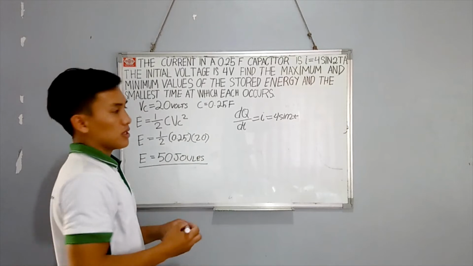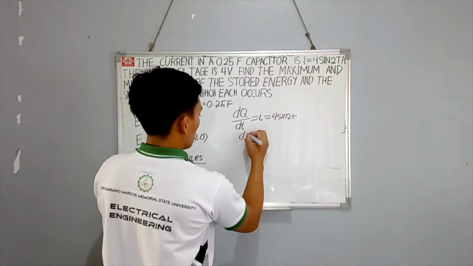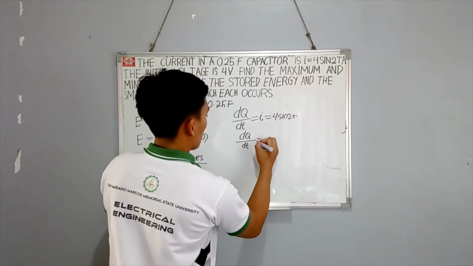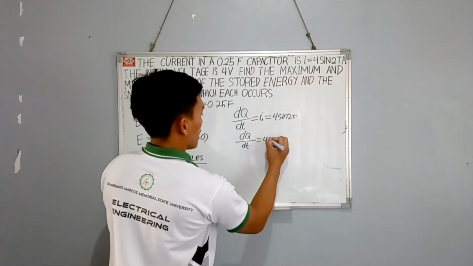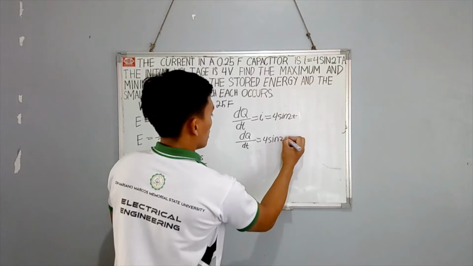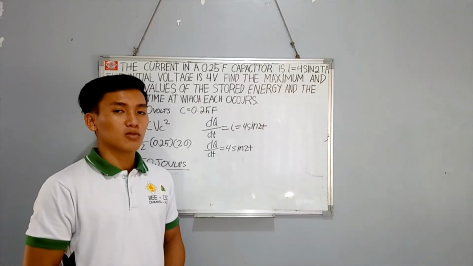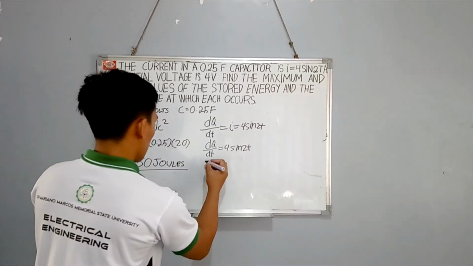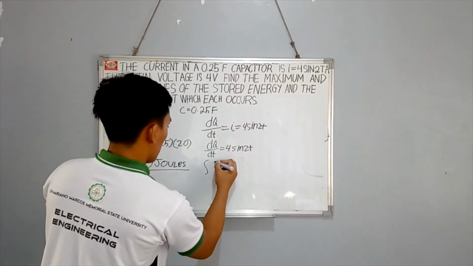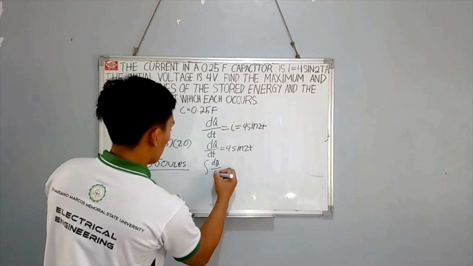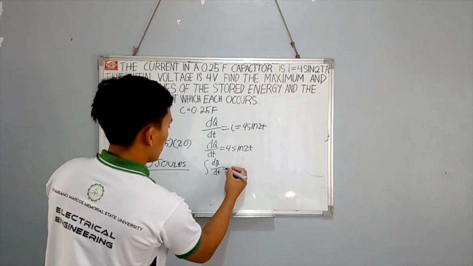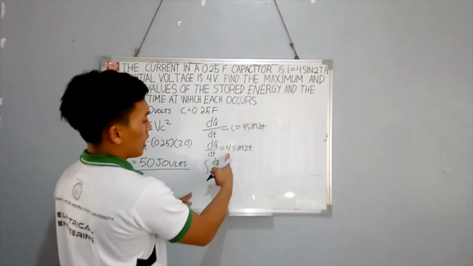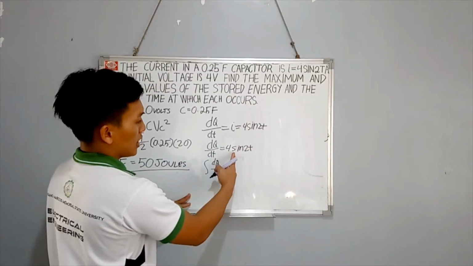So we will write dq over dt = 4 sin 2t. In order for us to get the value of t, we should integrate both sides. The integral of dq over dt is equal to, we know that 4 is a constant, so the only part of the other side that we will integrate is sin 2t.